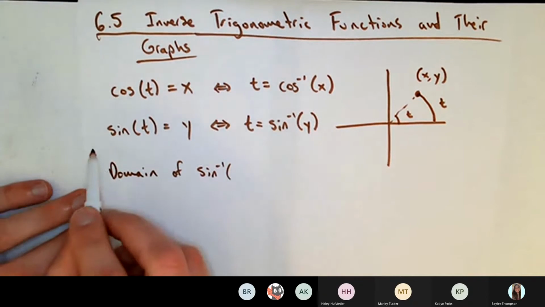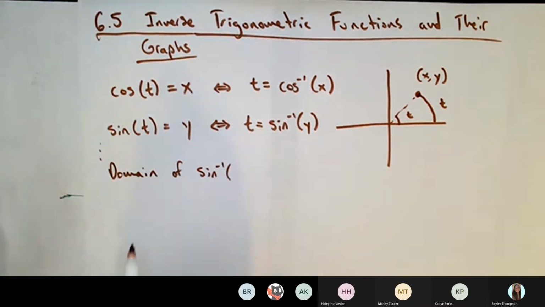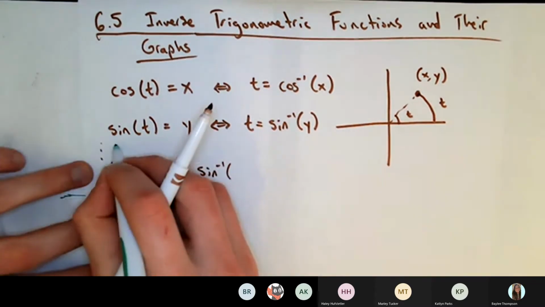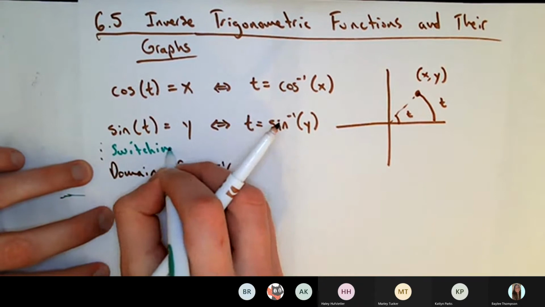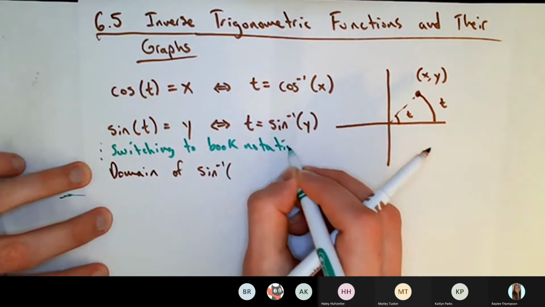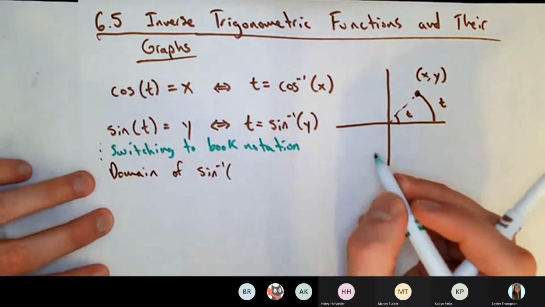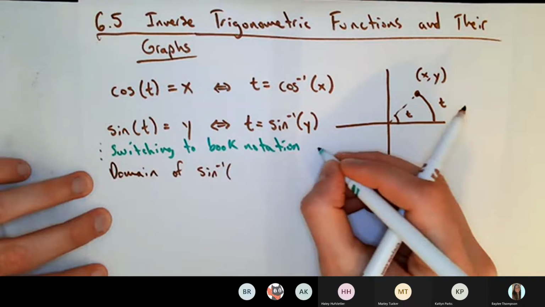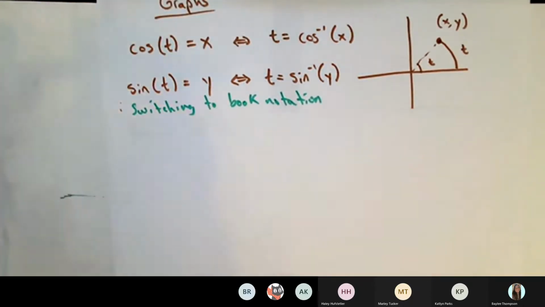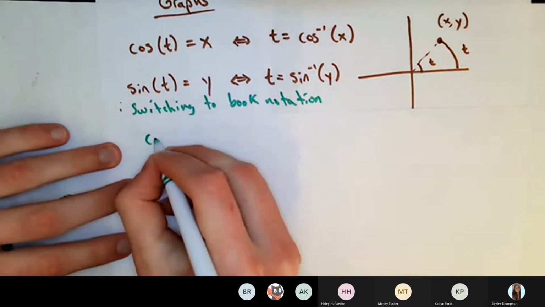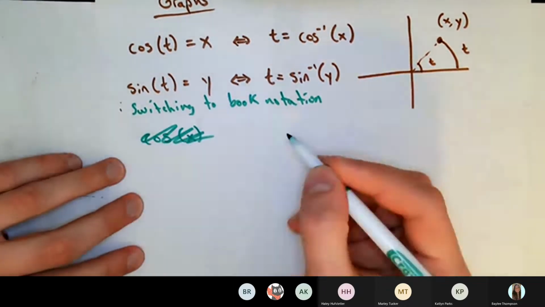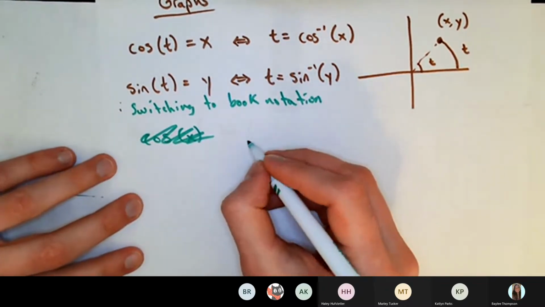Hang on. In between from here to here, I'm making a change. I'm going to switch back to their notation. So let me make a note here. Switching to book notation, and WebAssign and all that notation, where for any function, they're letting x be the input. I'm going to say this on a different piece of paper here. Switching to book notation, they'll say cosine of x. How do they say it? Hang on. Let me see, because I went and looked specifically at the problems in WebAssign that they're giving you.